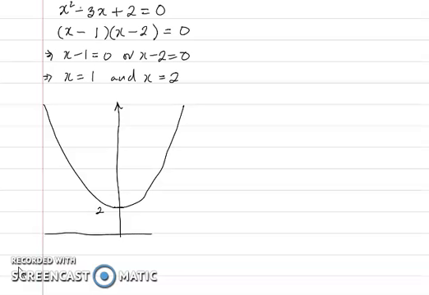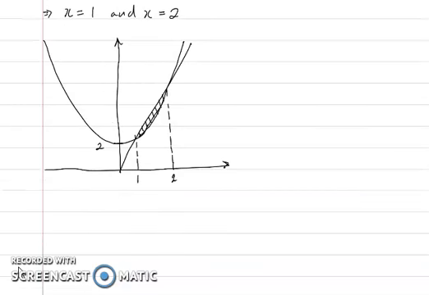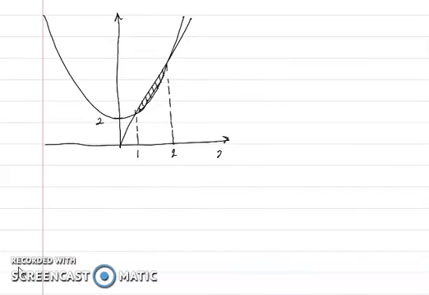The next thing we need to do is draw the line y equals 3x, which is a straight line. The region bounded between the straight line and the curve is that region there. The points of intersection are x equals 1 and x equals 2.